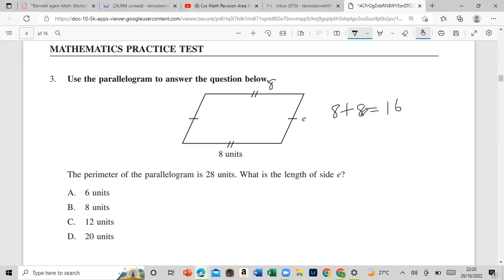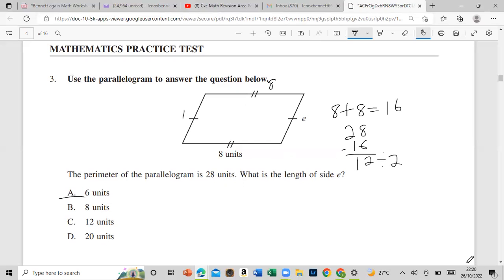So we're gonna take away 16 from 28 to find out what these two add up to. So we have 6 from that leave 2, 1 from that leave 1. So this and this add up to 12, but we know they are equal. So we further gonna divide them by 2 as they are equal. So it will be 6 units.